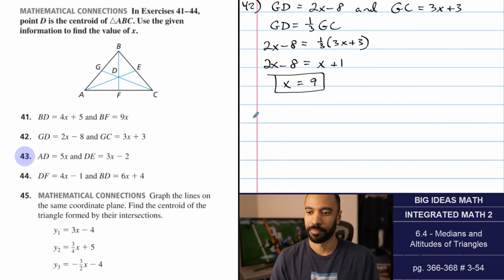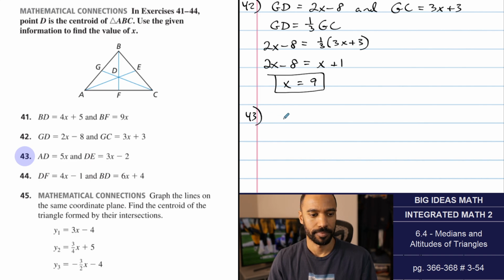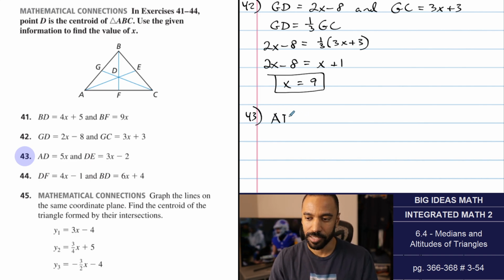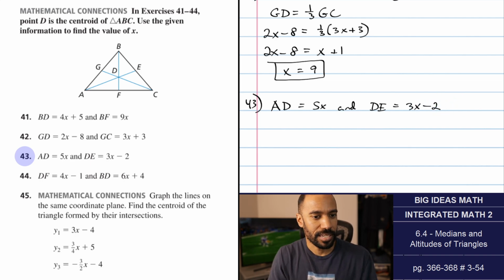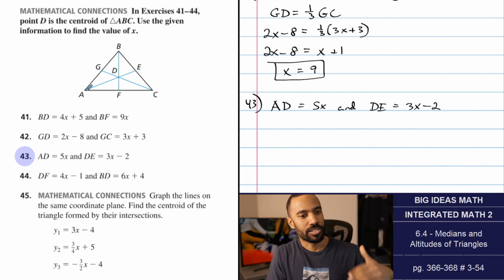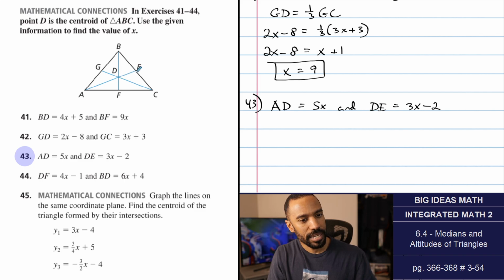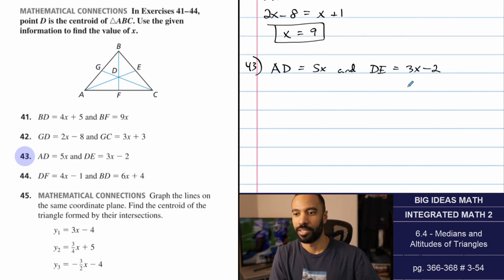Number 43. AD is 5x, and DE is 3x minus 2. Okay, AD is this guy. DE is the small guy. AD is double DE's length.